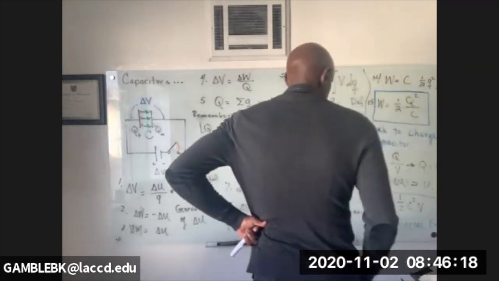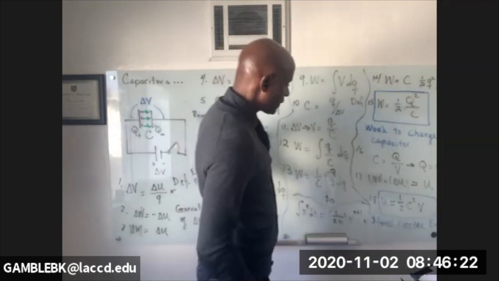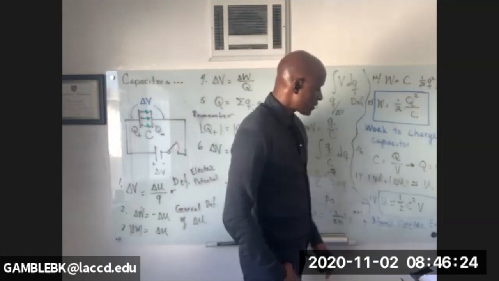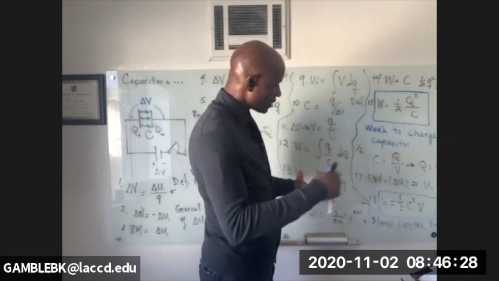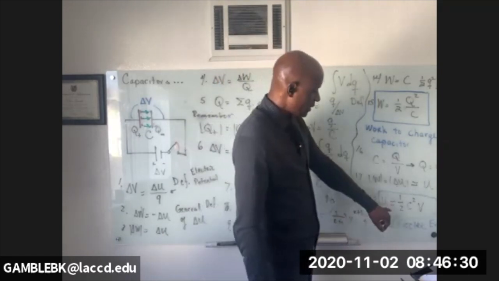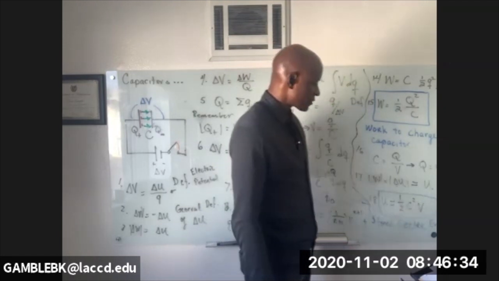And the interpretation here is how we can think of this. If you were to actually look at the average potential difference across the battery while it's being charged, it's going to be equal to 1/2 times the maximum potential.